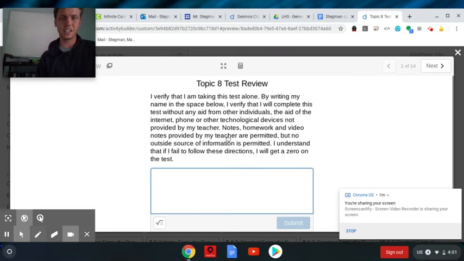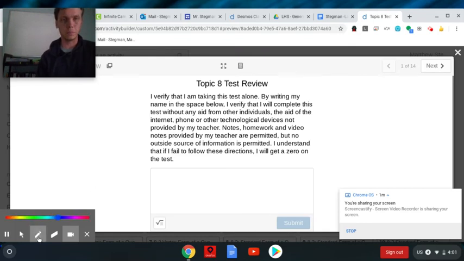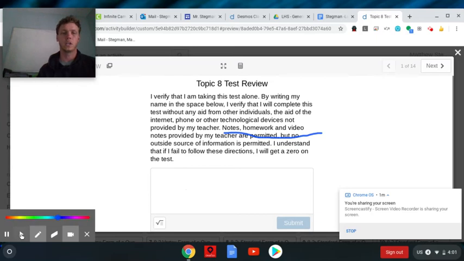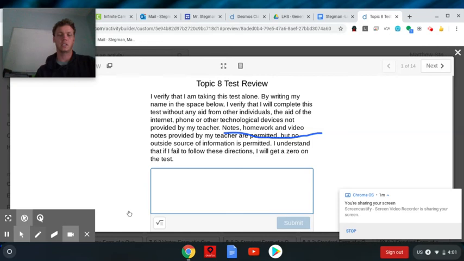However, I did say you are allowed to use the notes that were provided to you by me on the website. So any of the notes, the videos, anything that I provided on the website, you can use. But you cannot use Google, Photomath, anything like that. All you have to do before you can take this test, before I'll even grade it, is just write your name right in here.